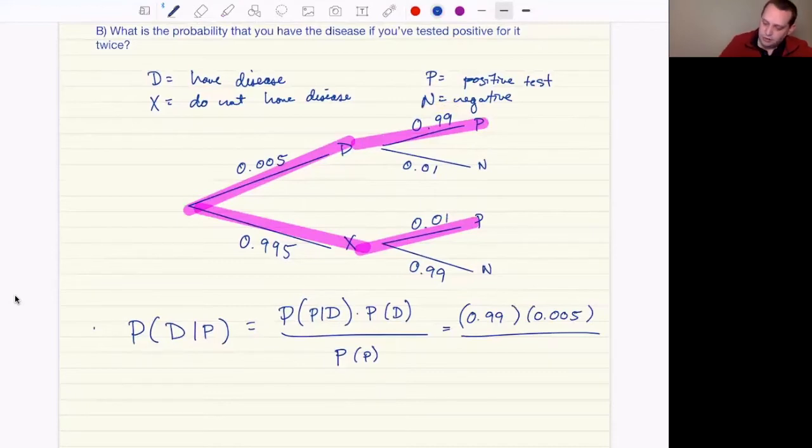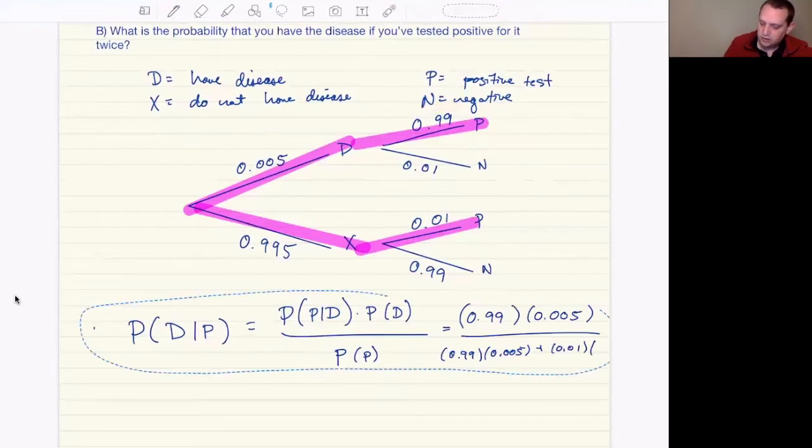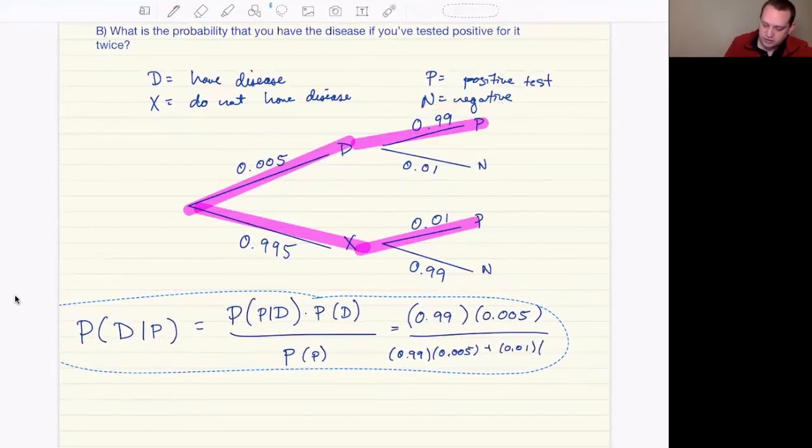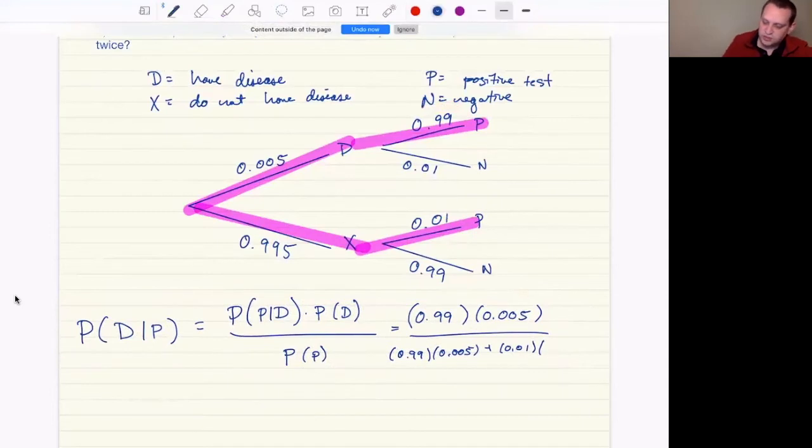So we're going to get 0.99 times 0.005 plus 0.01 times 0.995.